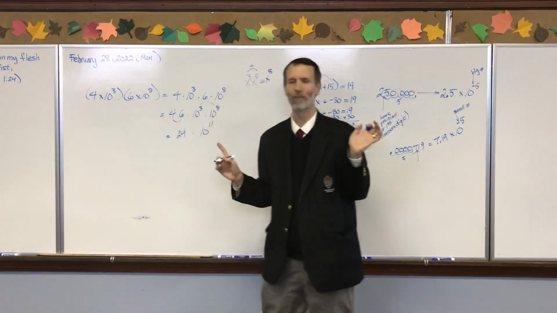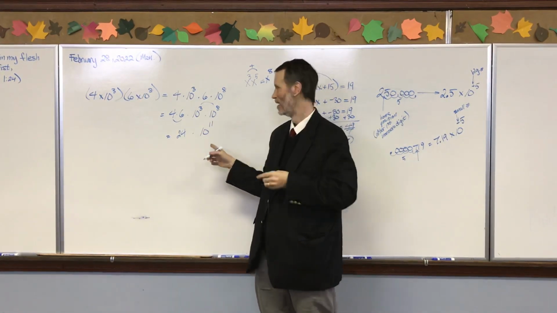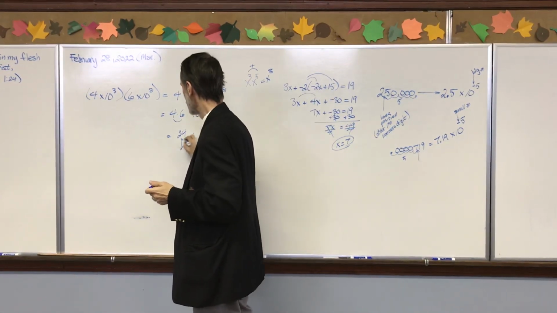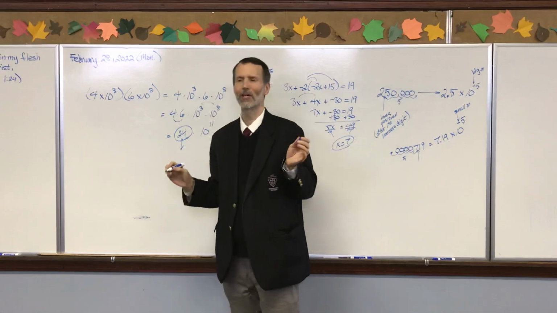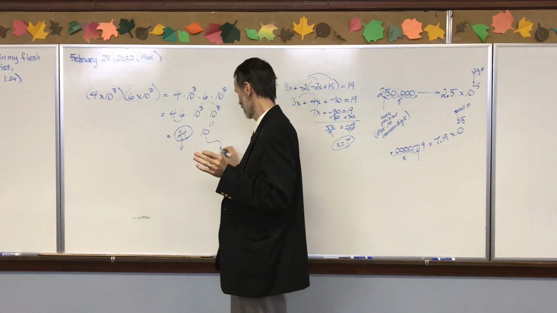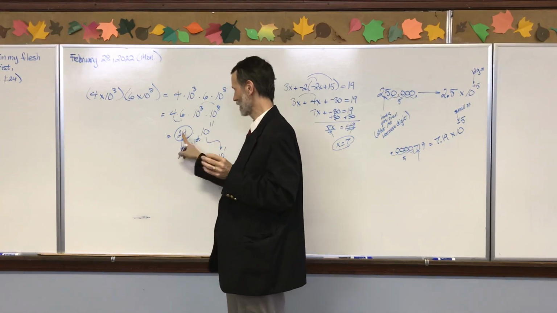There's just one problem with this. You're almost done. It's 2.4 times 10 to the 12. Change this into scientific notation. Leave this alone. It's kind of a big number.